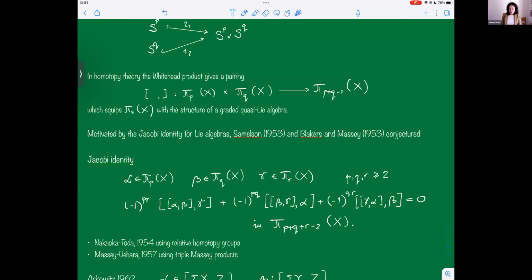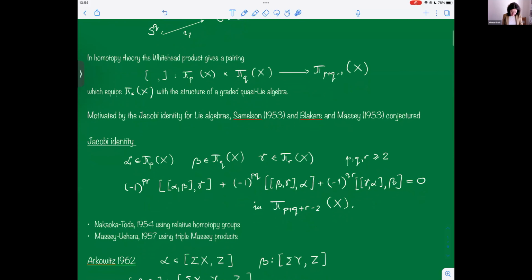Today, two classical proofs of the Jacobi identity in the homotopy groups are known: Nakaoka-Toda's proof that uses relative homotopy groups, and the proof given by Hilton, who for the first time used the triple Massey product to prove the existence of the Jacobi identity.